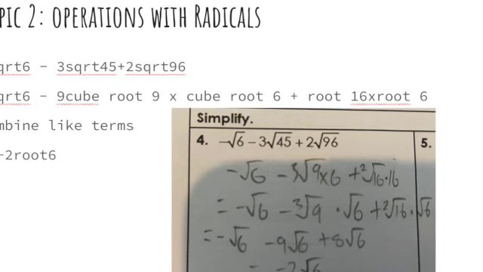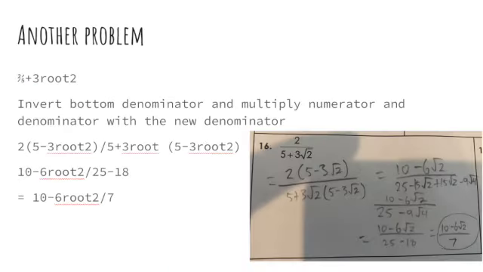Another problem. How interesting. 2 over 5 plus 3 root 2. For this question, you just invert the bottom denominator and multiply the numerator and denominator with the new denominator, right? So it becomes 2 times 5 minus 3 root 2 over 5 plus 3 root 2 times 5 minus 3 root 2.